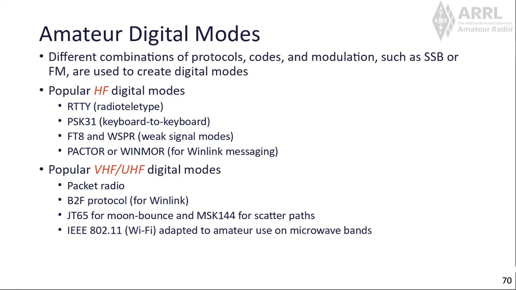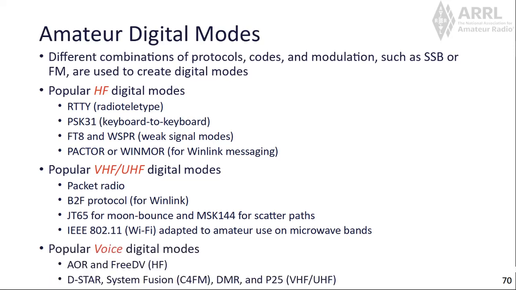IEEE 802.11 Wi-Fi, adapted for amateur use on microwave bands. And I think you need to remember that because you'll see it again and you can read more about it in your book.